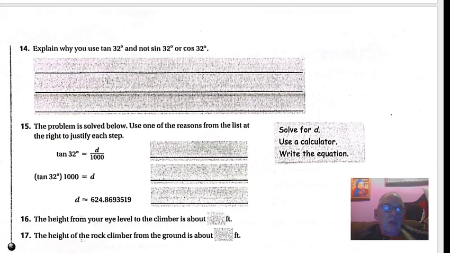Basically, this boils down to there is no hypotenuse distance given or needed.